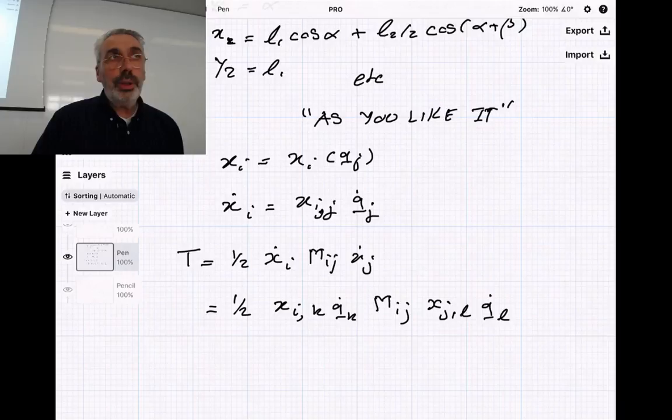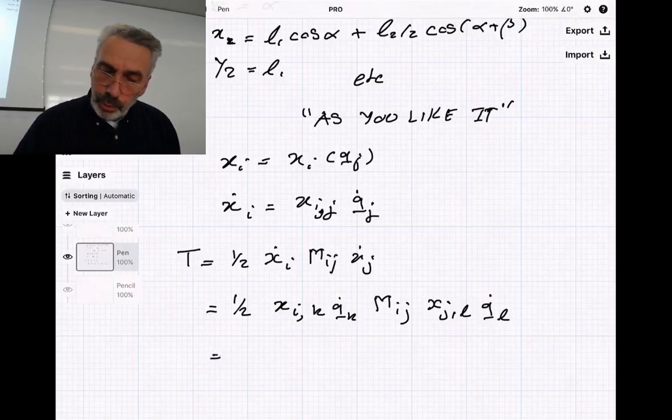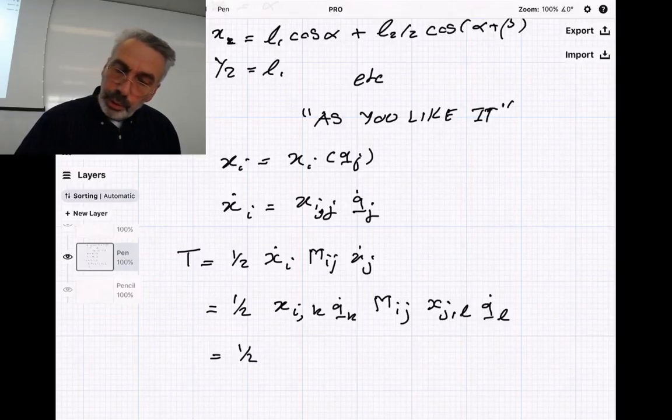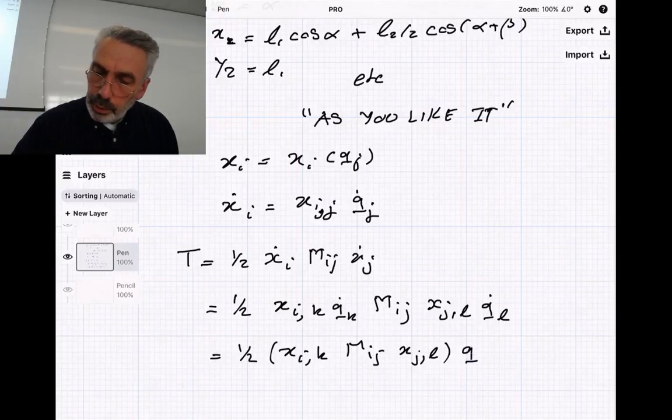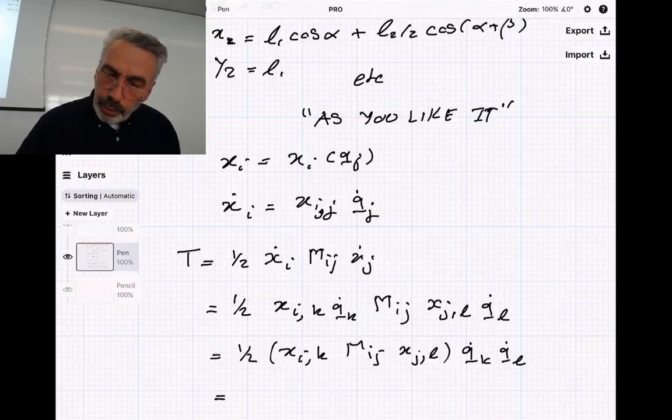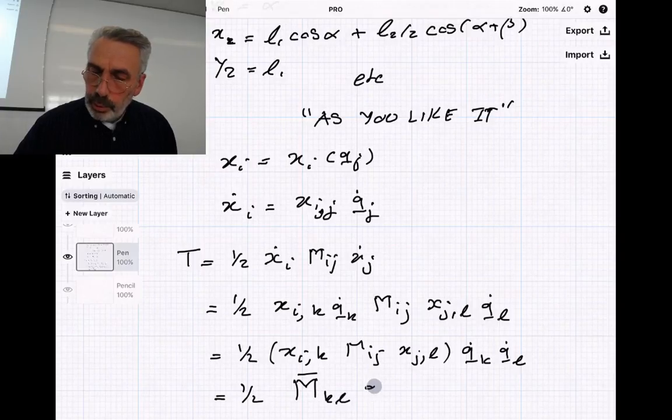So again, you see it is a quantity times these velocities. Or I can put all the Jacobian stuff together: M_ij x_i,k x_j,l, times q dot k, q dot l. Or in other words, you could write, apparently there is some symbol here, M_kl times q dot k, q dot l.